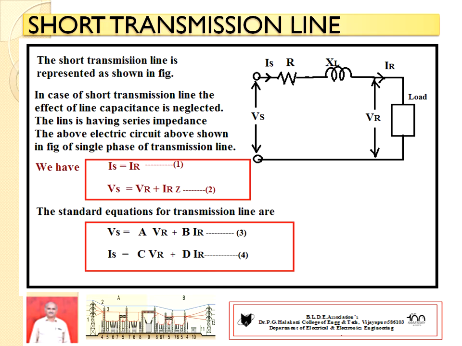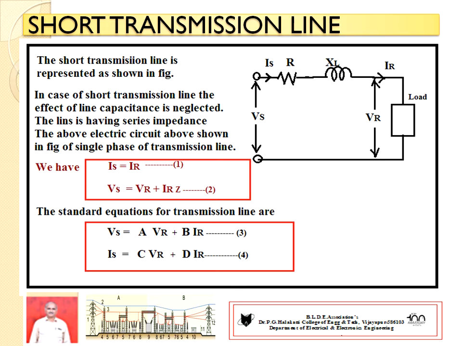Now the standard equations of transmission line with ABCD parameters. So sending end voltage Vs equal to A times Vr plus B times Ir, that is equation 3. Is, sending end current, equal to C times Vr plus D times Ir. You always remember equations 3 and 4 are standard.